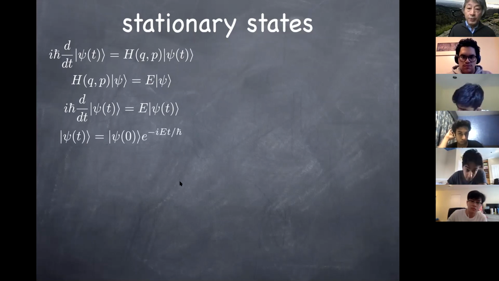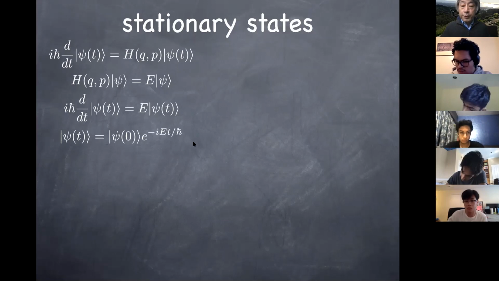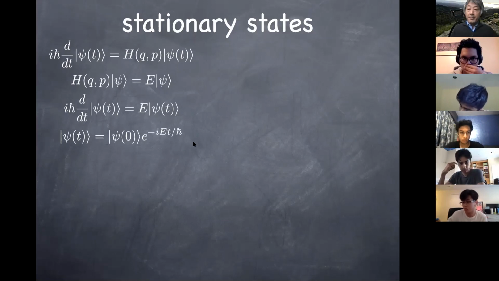So this is what is called a stationary state, because once you have a state whose phase changes with time, but nothing else, the state basically remains the same, because the phase would drop out whenever you compute something that has to do with the probability.